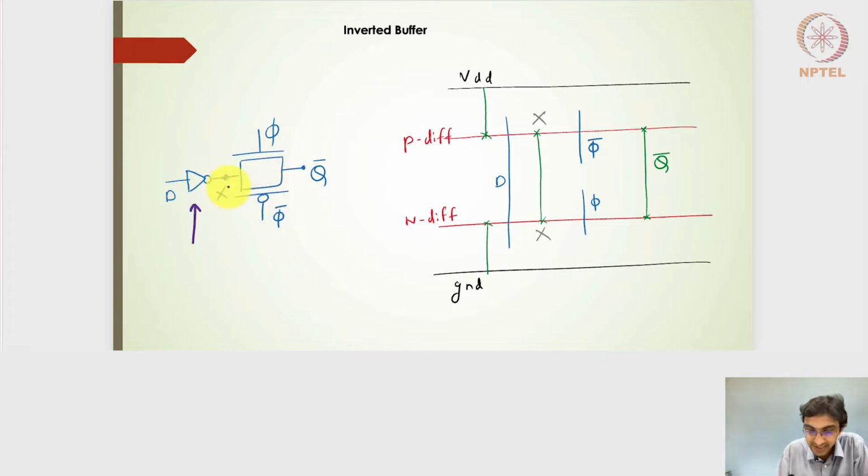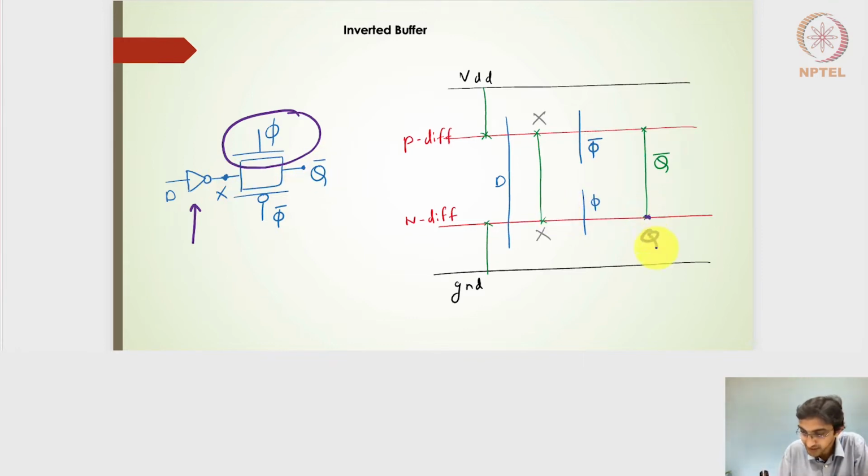Followed by that, a transmission gate. For the transmission gate, we will have phi bar as a polysilicon gate on the P diffusion line, and phi as a polysilicon gate applied on the N diffusion line. So I have a phi signal and a phi bar signal separating the diffusion pockets of the transistors. For the NMOS transistor, we have the phi polysilicon gate, and on one side it is the X node and on the other side it is the Q bar signal.